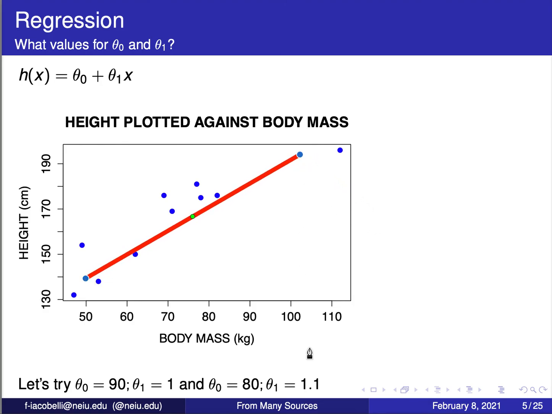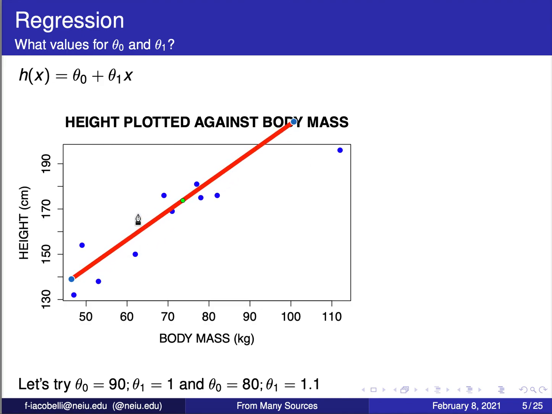We're going to have that line. Okay, if we change it to 80, we might have a line that's slightly different. If we change it to something else, we're going to have a line that's slightly different, and so on and so forth.